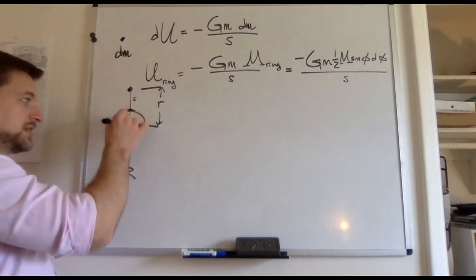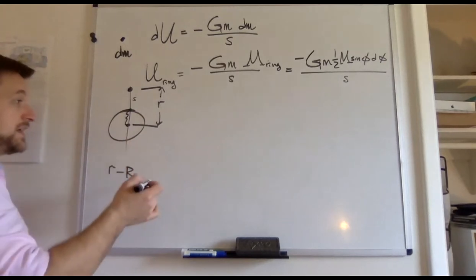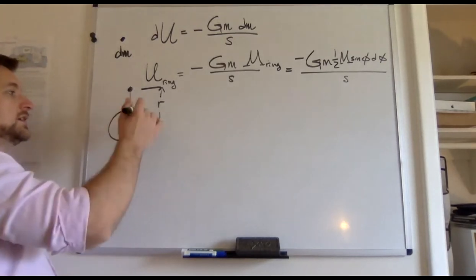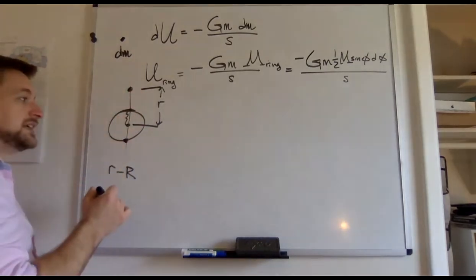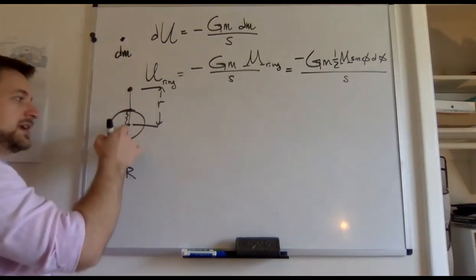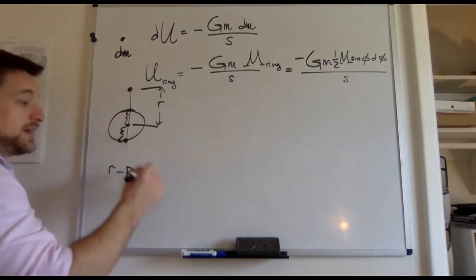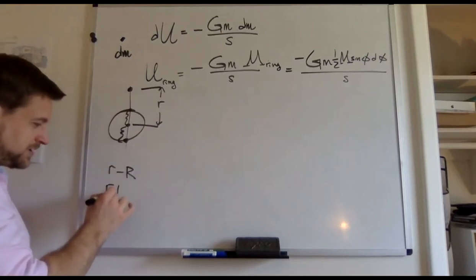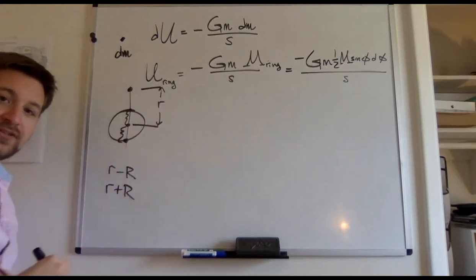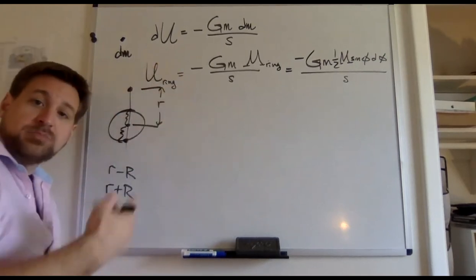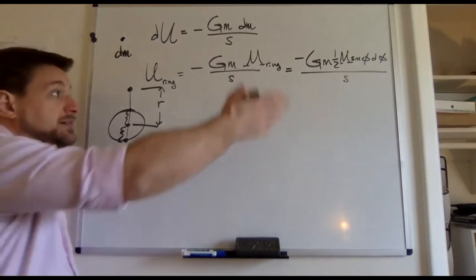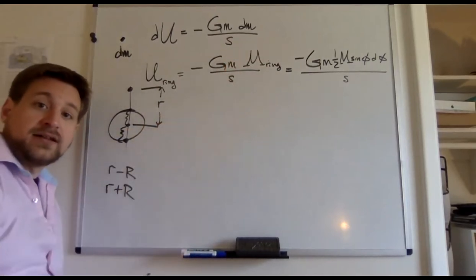Because we've got this radius. Its largest value is when we're as far away from point P as we can possibly get, which is another radius away, R plus capital R. So S is going to go from R minus capital R to R plus capital R. In order to integrate this, we've got to pick a variable. I don't want to have phi and S rattling around in my integrand.